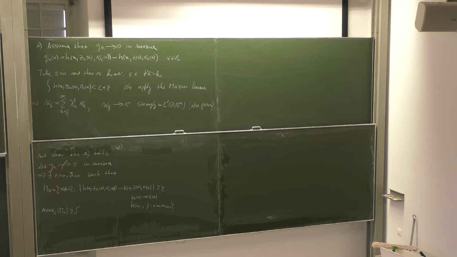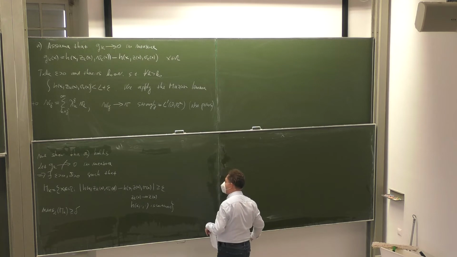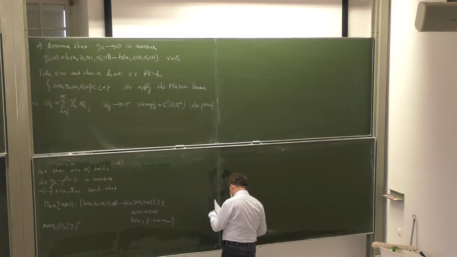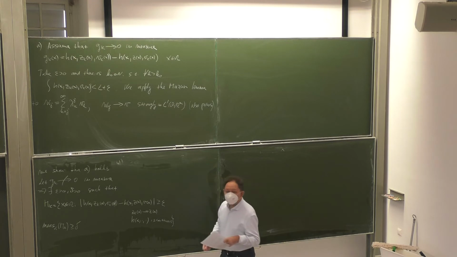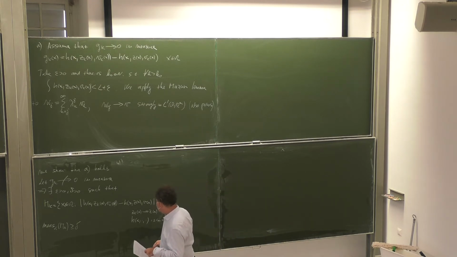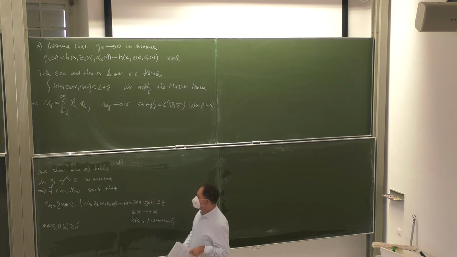So this is the beginning of the contradiction argument. So assume that this is not true. So we have this kind of condition. Oh, yeah, you are right. There is v_k. I'm sorry.